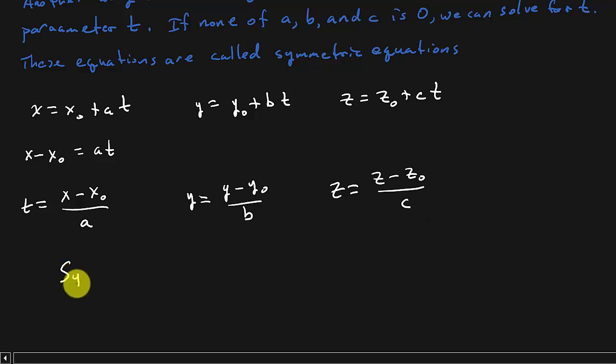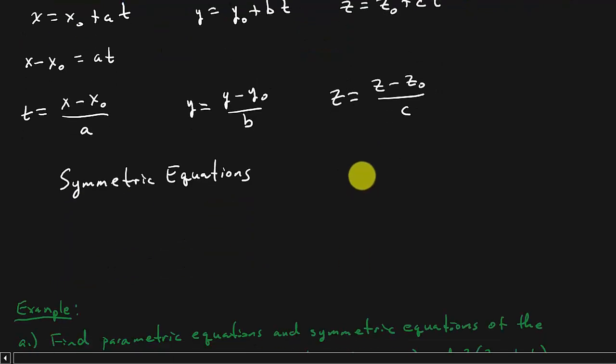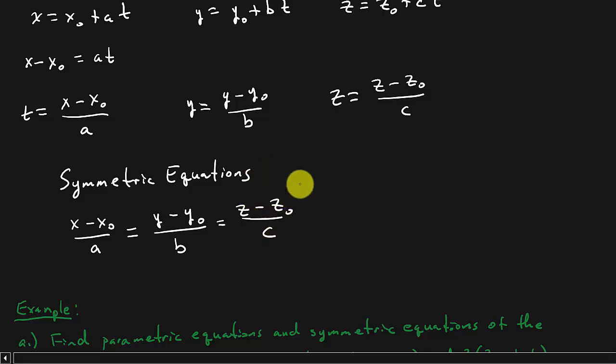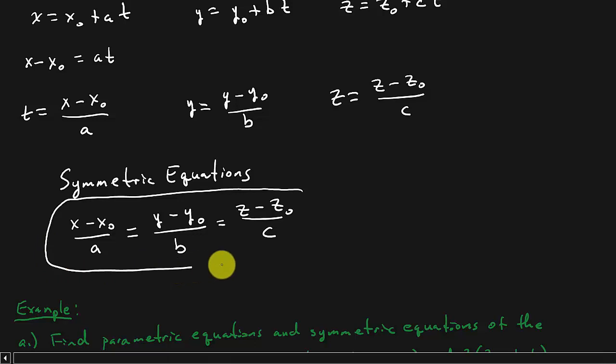So our symmetric equations are (x minus x0) over a is equal to (y minus y0) over b, which is equal to (z minus z0) over c. And so these are your symmetric equations.